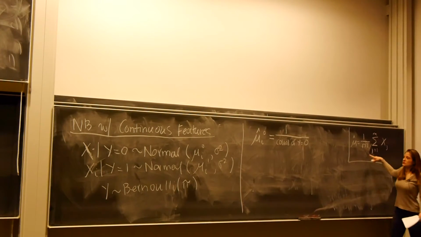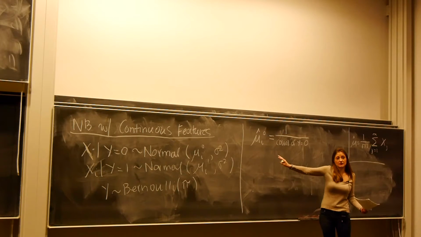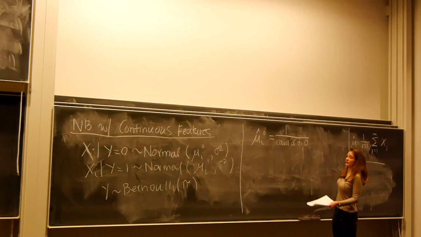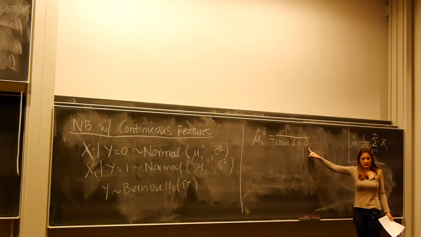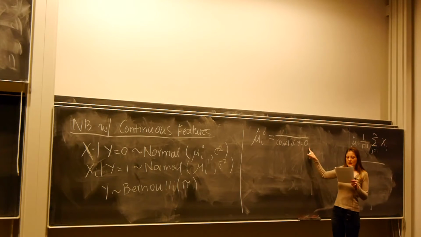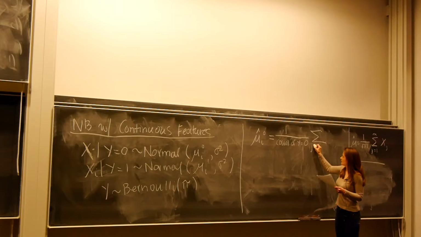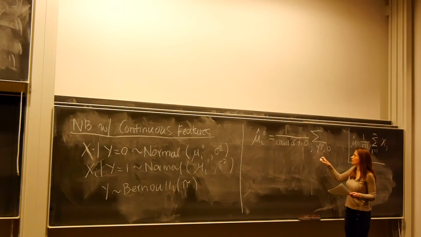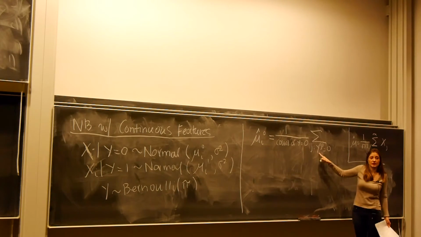So here, it's the same thing, except just keep in mind we're restricting ourselves to the cases where y equals 0, right? So here, instead of 1 over the total number of examples, we have 1 over the number of examples where y equals 0. And then we sum over all examples j such that y^(j) equals 0, where I'm just going to use this superscript notation to denote the jth example.